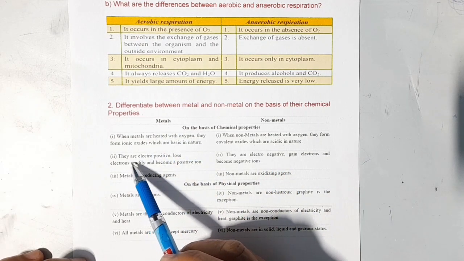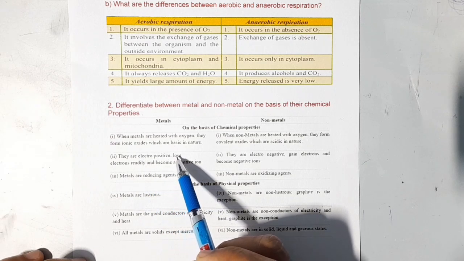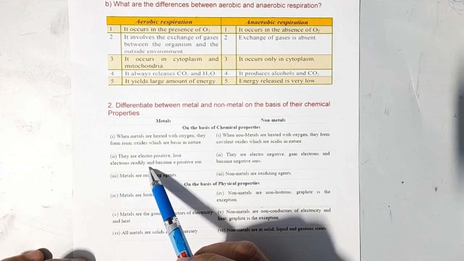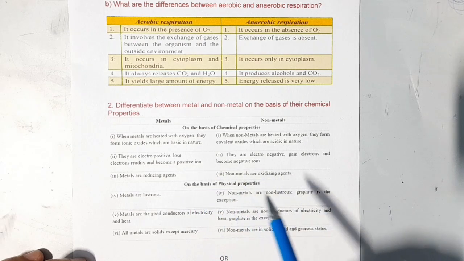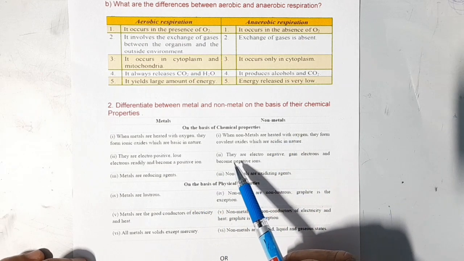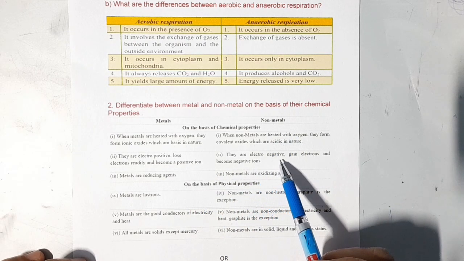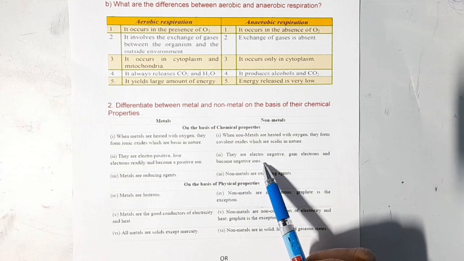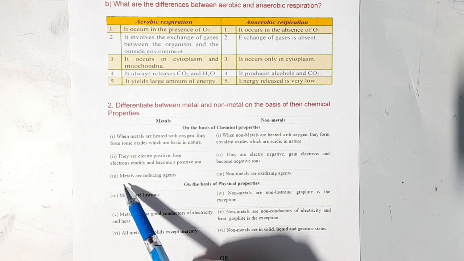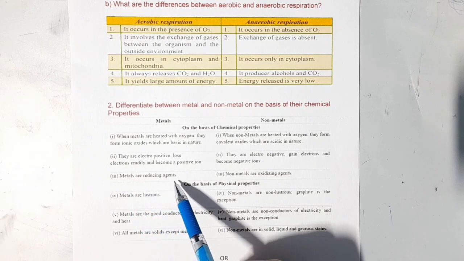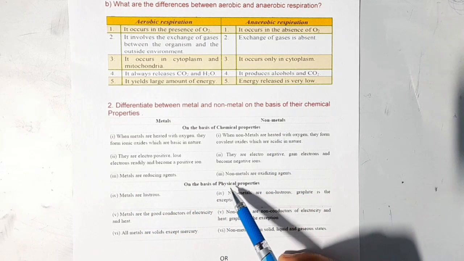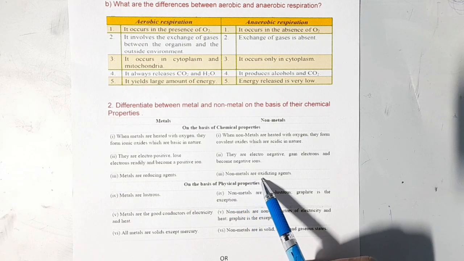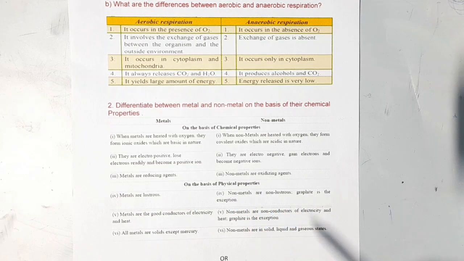Metals are electropositive, lose electrons readily and become positive ions. Non-metals are electronegative, gain electrons and become negative ions. Metals are reducing agents. Non-metals are oxidizing agents.